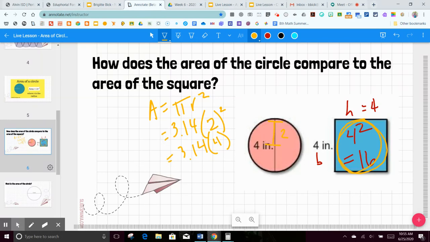When I multiply by 4, it's going to give me 12 and 56/100. Okay, so see how this one was 16 and this one's 12 and 56/100? It's because you had to subtract out all these side pieces that aren't in the circle.